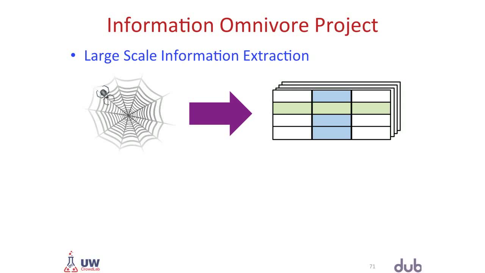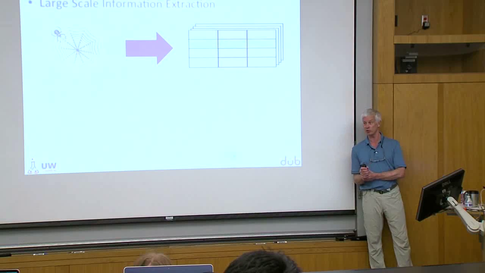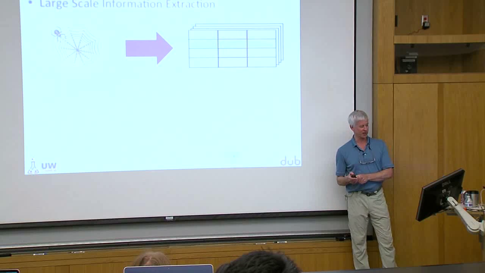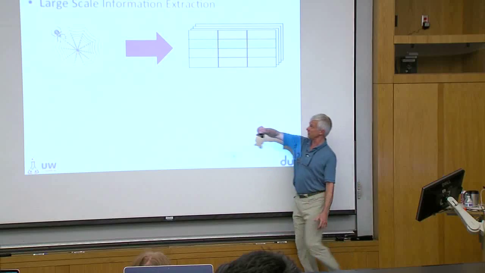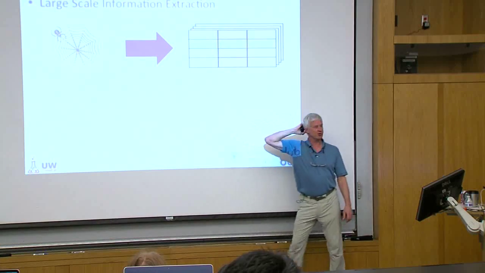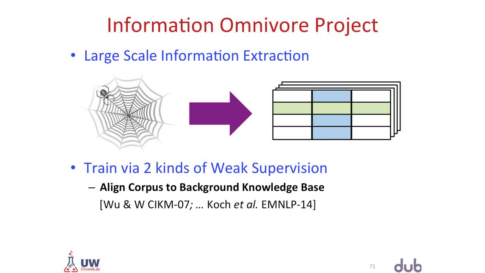Okay, so let me digress a little bit and talk about natural language processing, in particular information extraction. We've been working on information extraction for a long time, and the basic idea is we'd like to crawl the web, read news stories and other web pages, and build up a structured knowledge base of information. And I'm not going to talk about it.